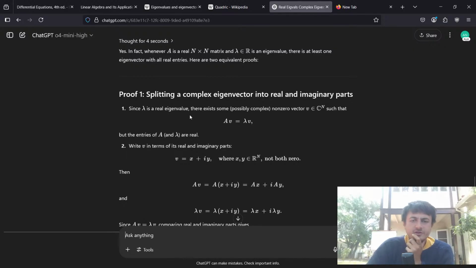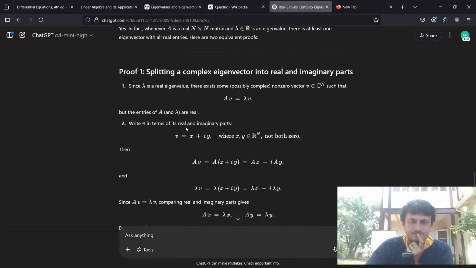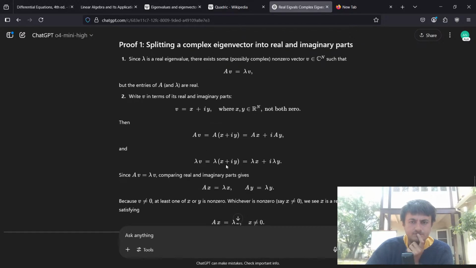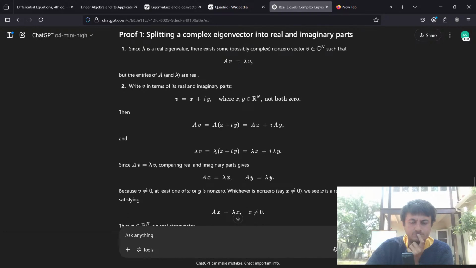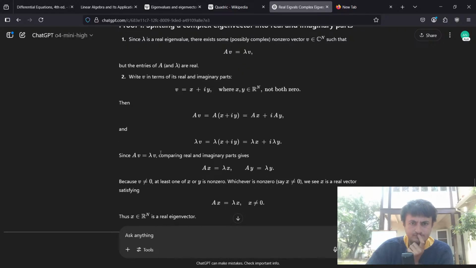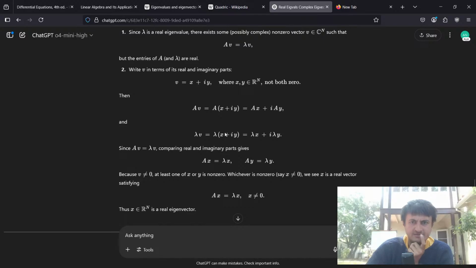Since lambda is a real eigenvalue, there exists some possibly complex non-zero vector v. Uh-huh, okay, that's fine. v equals x plus iy.